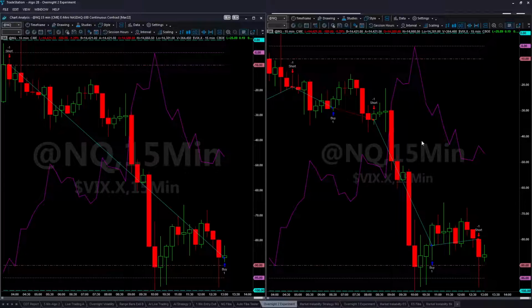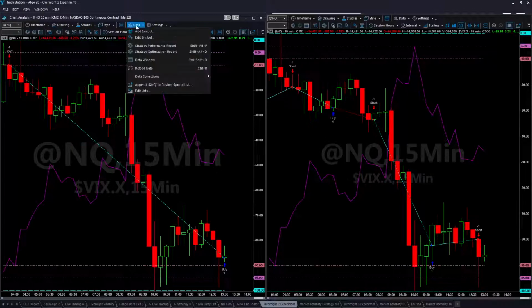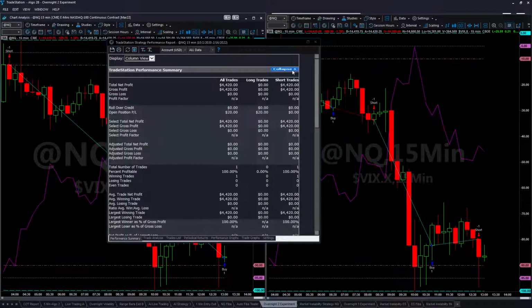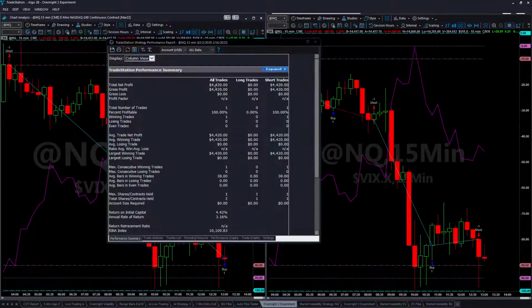But this alone right here is powerful. This is super, super powerful right here. I mean, this thing caught a move. I'll show you guys. That was about $4,400. So divide 4420 by 5 times 0.25.